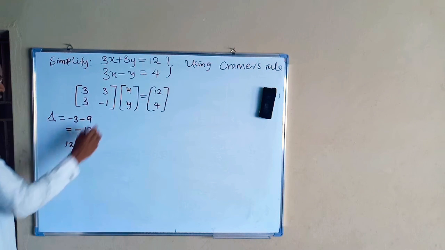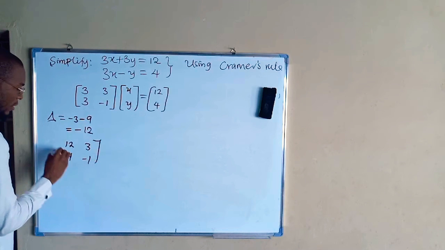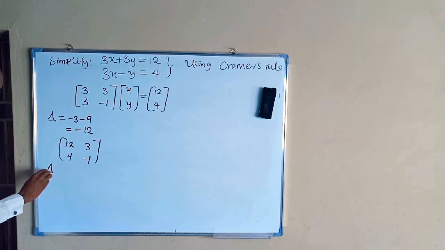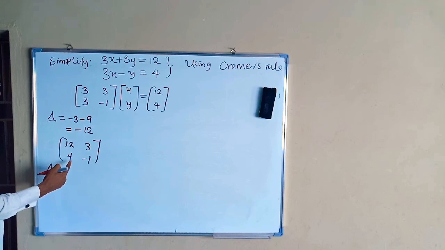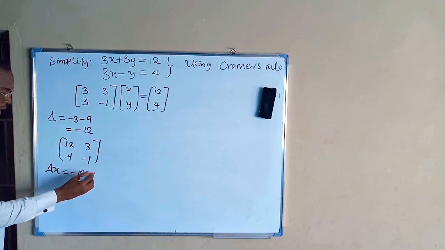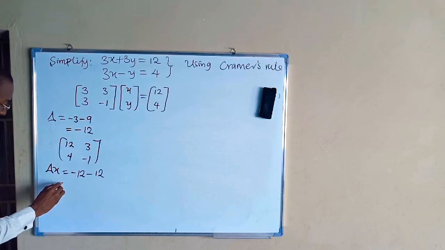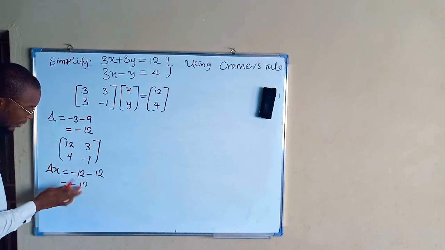Then the other column remains the same, 3, then -1. Then you calculate delta x, which is the determinant of this matrix with respect to x. This time this is -12, minus this time this is 12. So -12 minus 12 is -24.